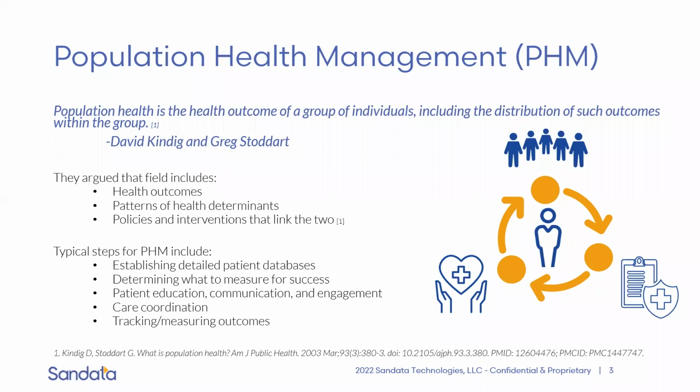The more information that you can get regarding how a person's care has gone, what's going on in their lives, how they feel and what they think and what their opinions are regarding care, the better, and making sure that you are focusing on the full person in order to put policies and interventions in place and achieve better health outcomes, along with determining what to measure for success. Patient education, communication, and engagement is probably going to be key tenets of that playbook as well. Care coordination, and tracking and measuring outcomes.